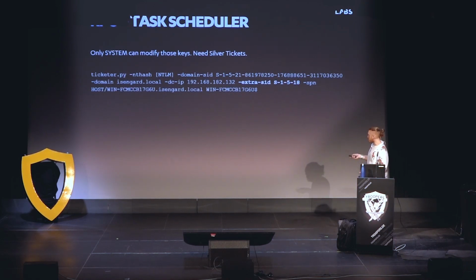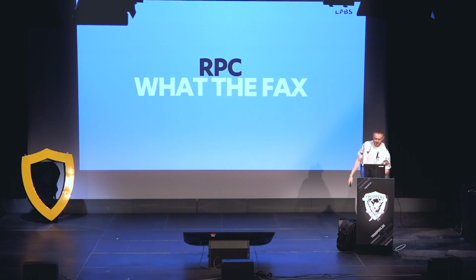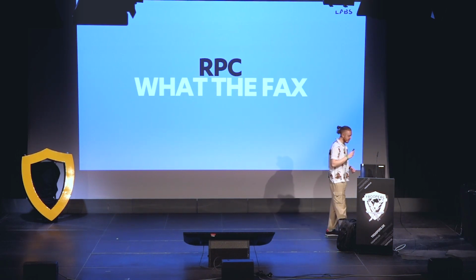And that works pretty fine. It's not trivial. I'm probably not going to release tools that automate the whole thing, mostly because I cannot be bothered writing so many things. But anyways, that was it for scheduled tasks.